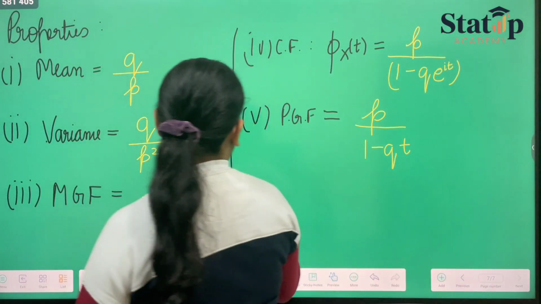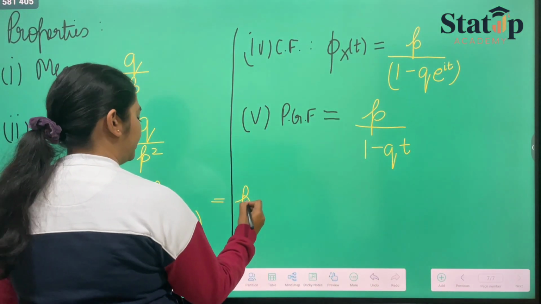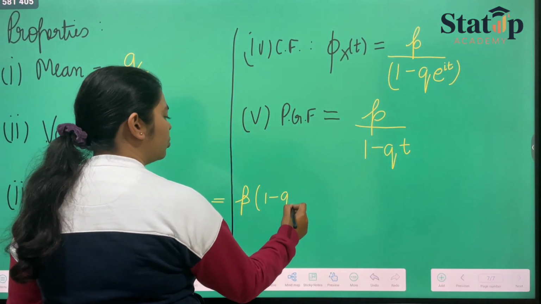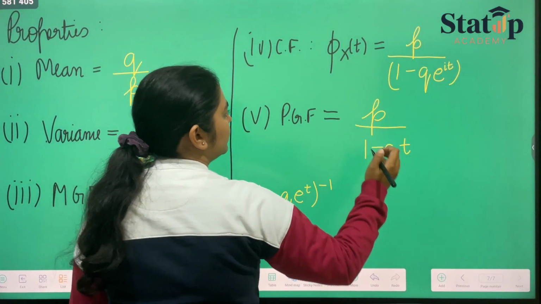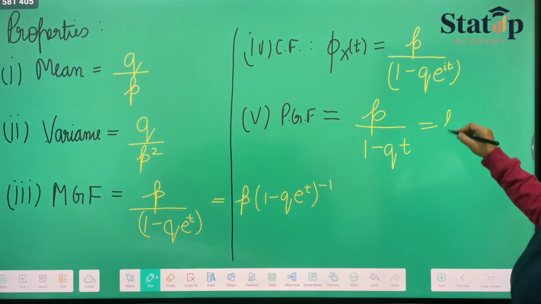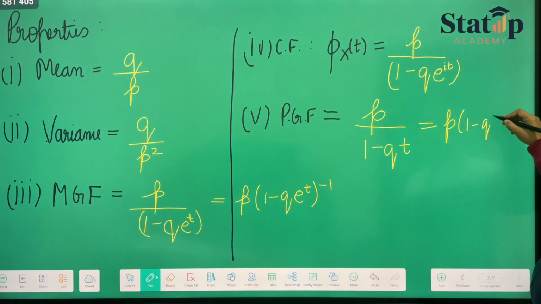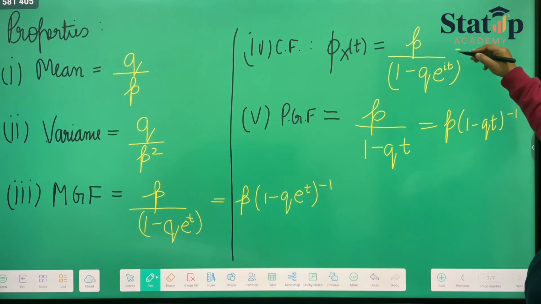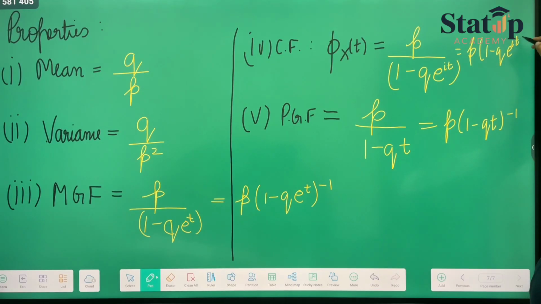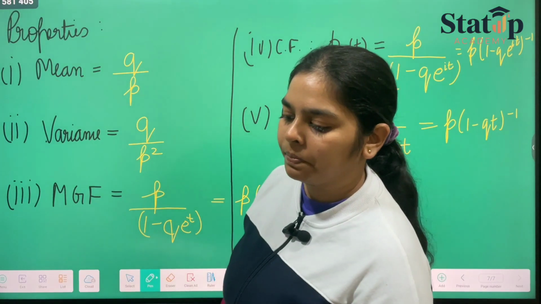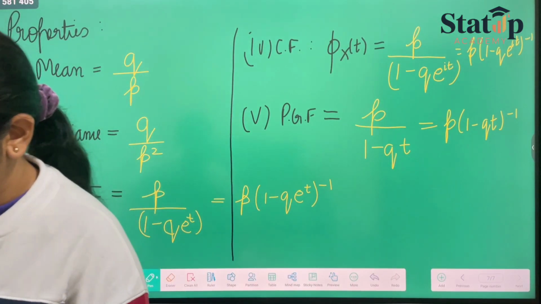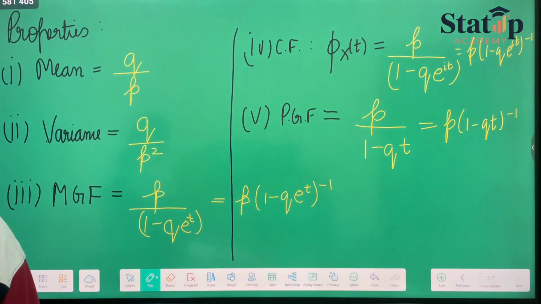Now here this MGF can also be written as P into (1 minus Q e^t) raised to the power minus 1. And similarly these two can also be written as P into (1 minus QT) raised to the power minus 1, and P into (1 minus Q e^it) raised to the power minus 1. Either way you can write them. So these were some of the properties of our geometric distribution.